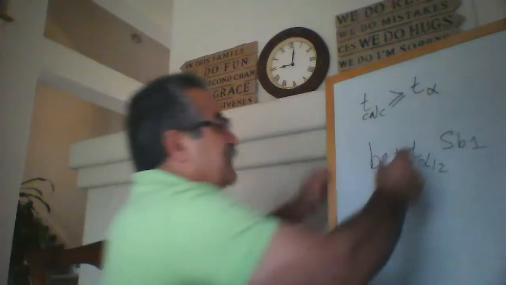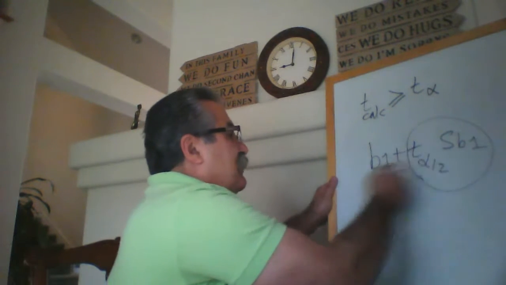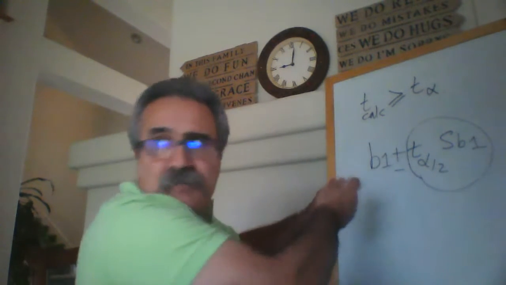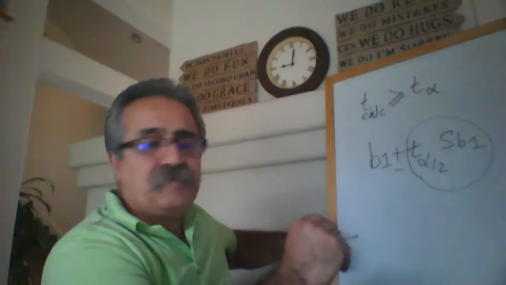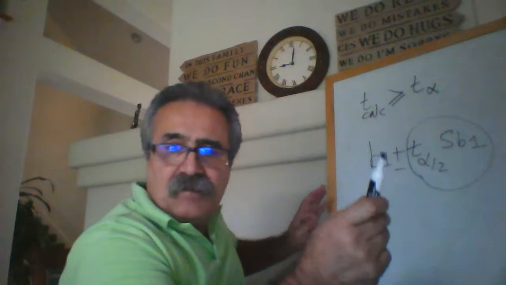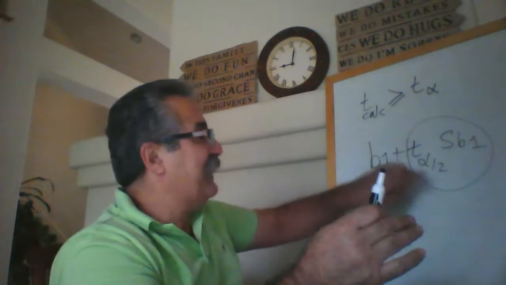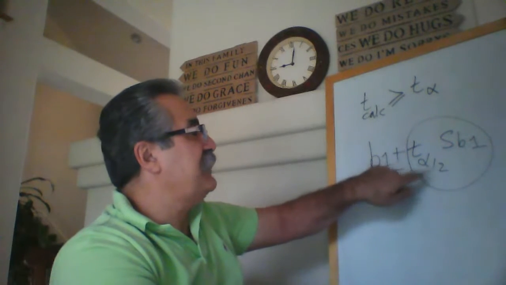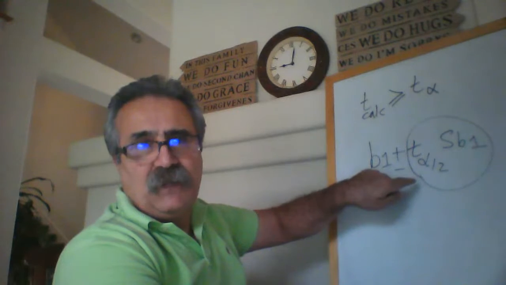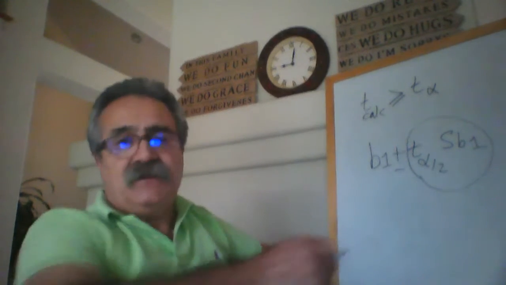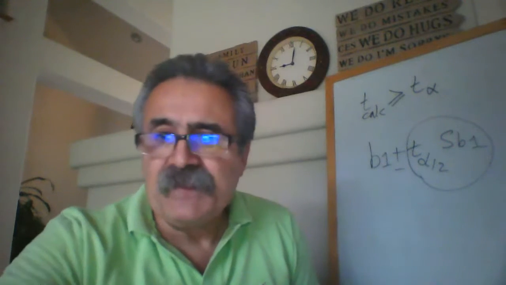So this is going to be your margin of error. You add this margin of error to and subtract it from B1. And if the value that you're looking for is within this range, then you accept the null hypothesis. Otherwise, we're not going to use this method. You don't have to worry about this.